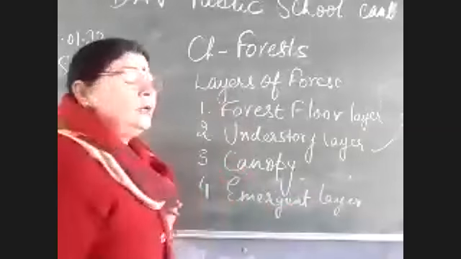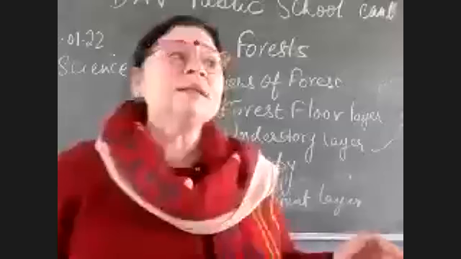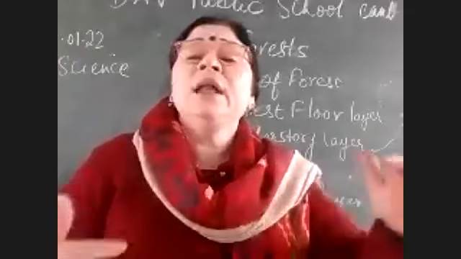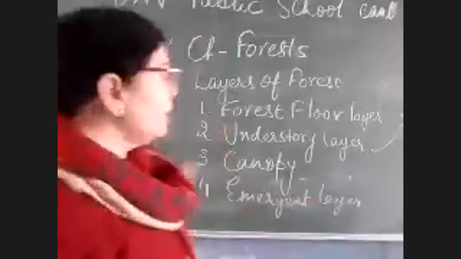Emergent, children. At different stages we have a leveling of the trees, such that the smaller ones will be at the lower level, known as the forest floor. Here there are bacteria and fungi, and then second is your understory, where the birds are.